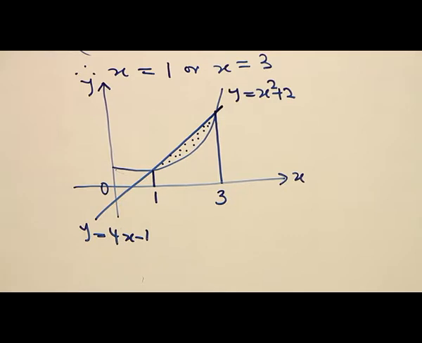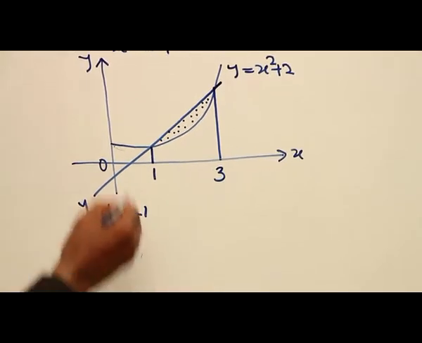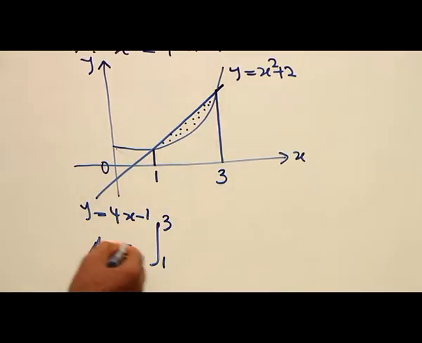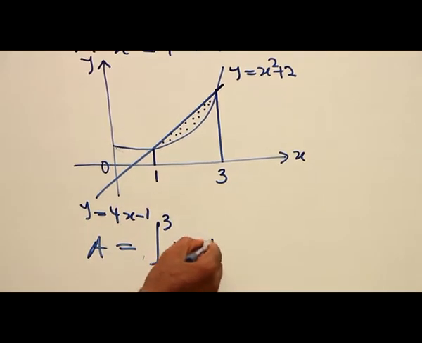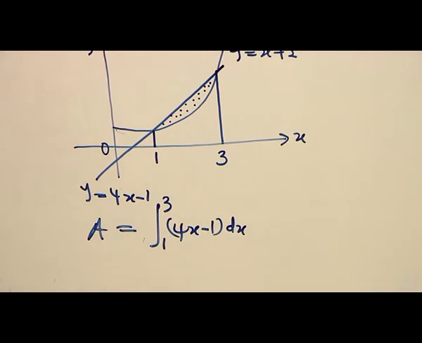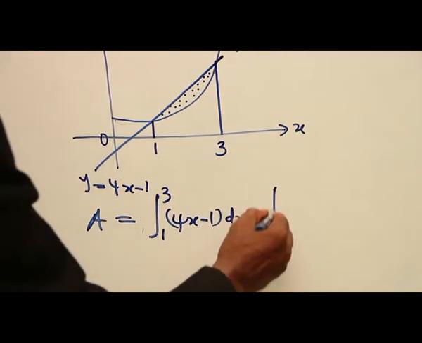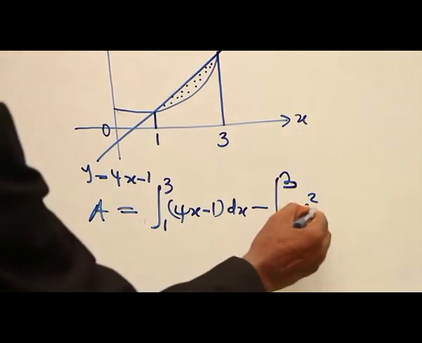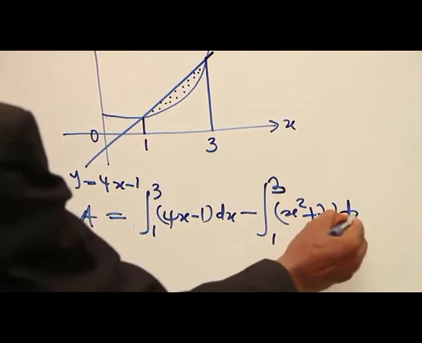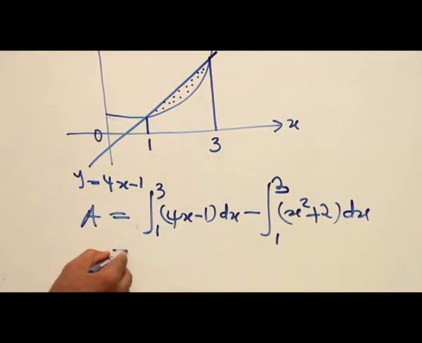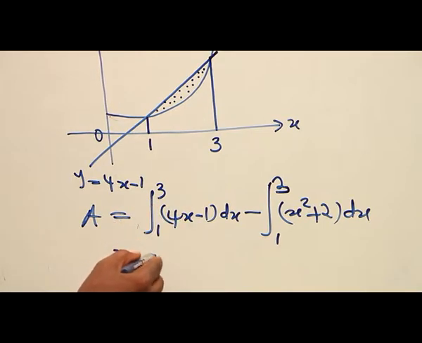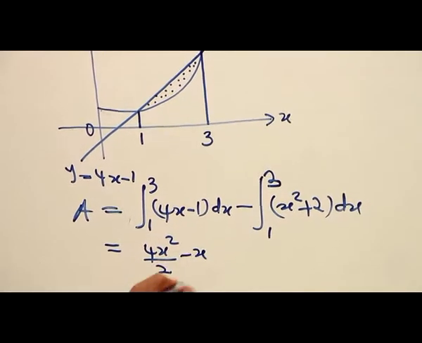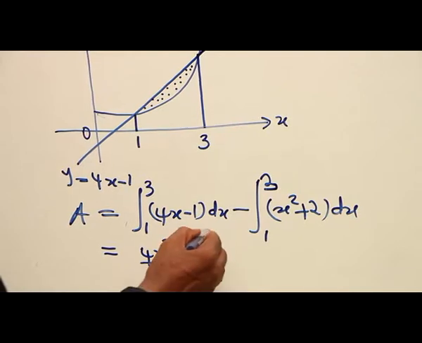So we go on to say now that the area will be integrating from 1 to 3 of 4x minus 1 with respect to x, and then of course minus, we need to integrate the same limits 1 to 3 of x squared plus 2, also with respect to x. Now if you integrate this, what will you get? 4x squared over 2, and then minus x, evaluated from 1 to 3.